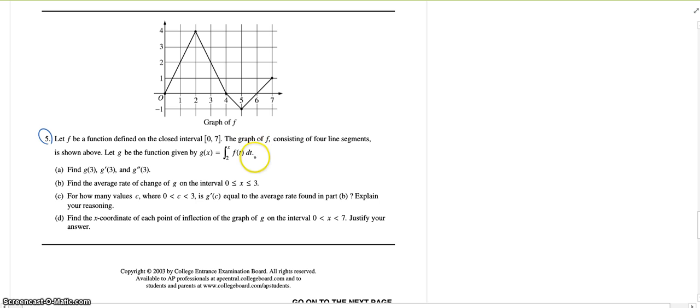This relationship is really important. Now we can move on because we have all the information we need. We need to get g of 3, g prime of 3, and g double prime of 3. We learned that g of x equals the integral from 2 to x of f(t) dt.